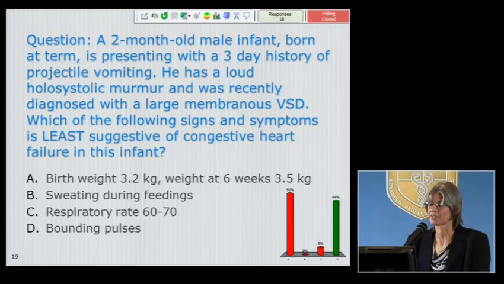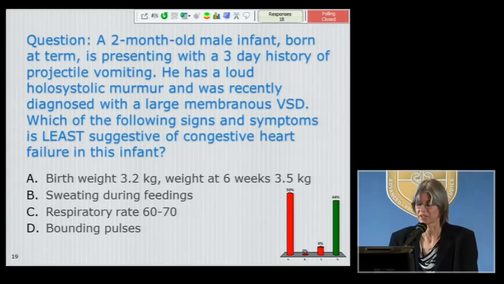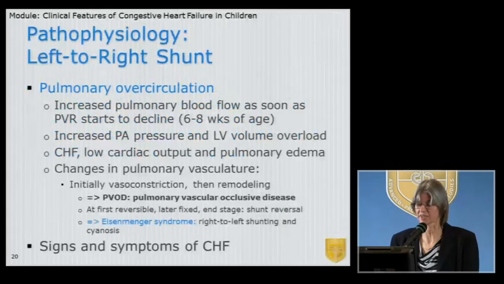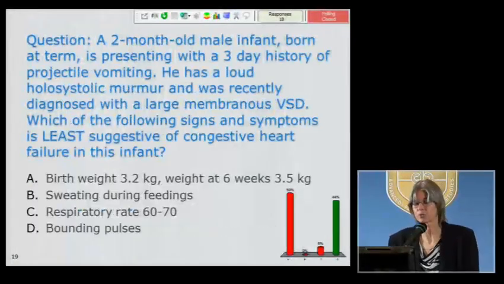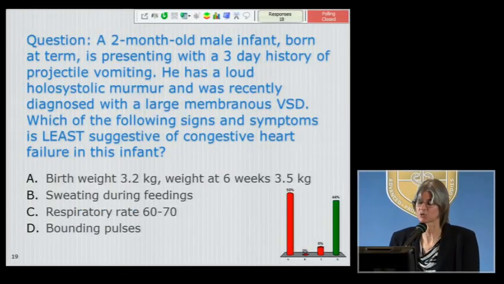Okay, very good. All right, we have to work a little bit on this. So D, the bounding pulses, is the right answer. The birth weight of 3.2 kilos and the weight at 6 weeks of 3.5 kilos. So how much weight should you gain during the first 6 weeks?